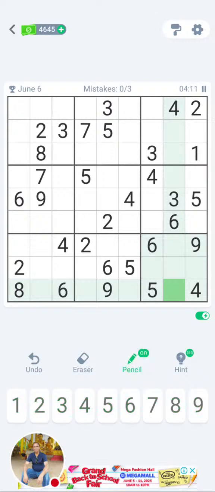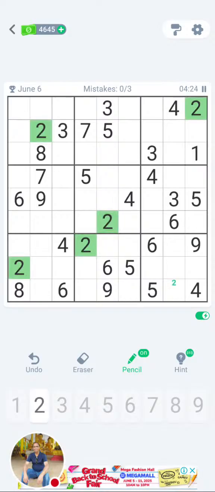Yes, now it's okay. So I can only fill in here in this blank where you see the green highlighted square. In this row, I can fill in 1, 2, and 7.